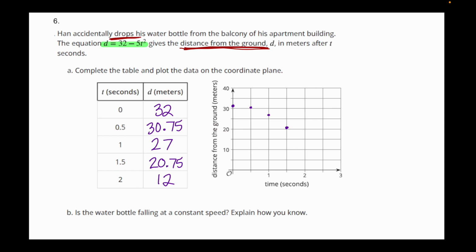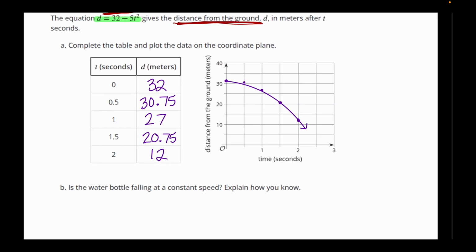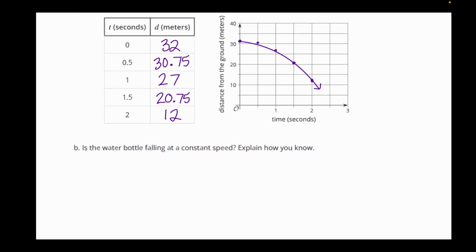And then at 2, it's at 12, so right about there. So we have this nice curve shape to our graph. See if I can get this to close enough, but it looks pretty. So even if I don't quite hit that second dot there, it's still good enough. But I'm showing you the dot so you know where it lands.